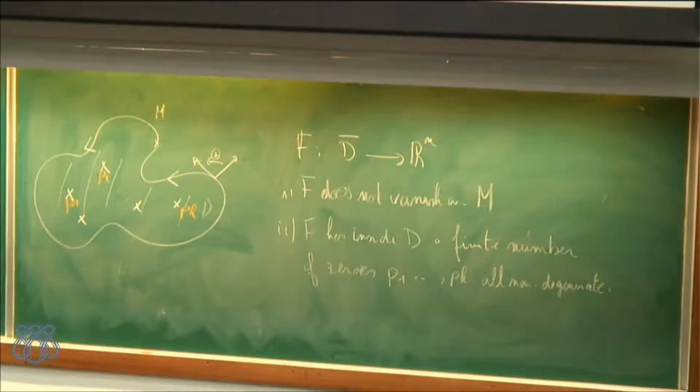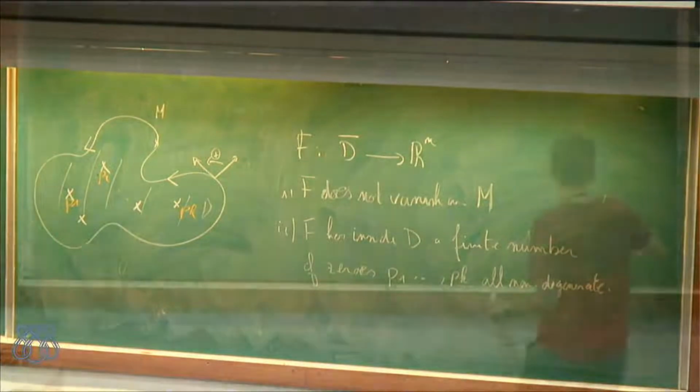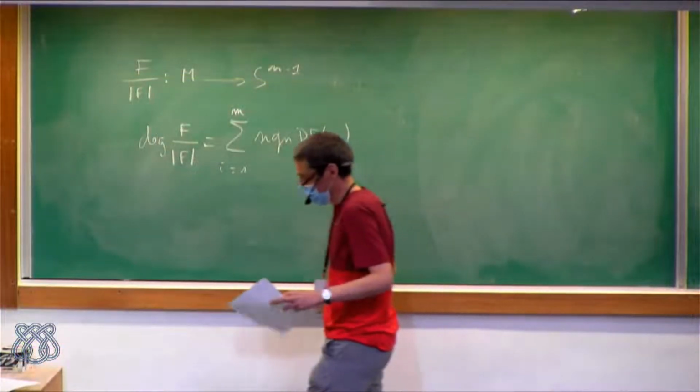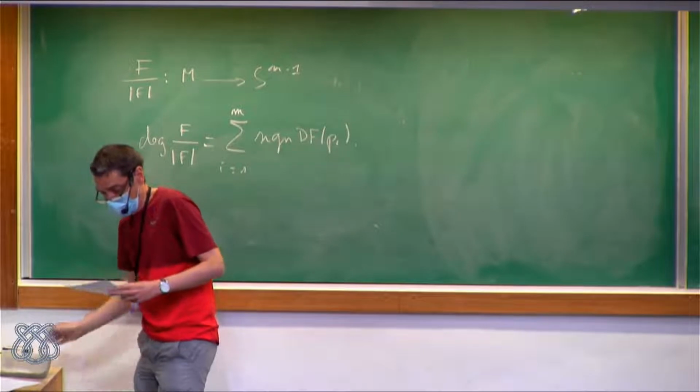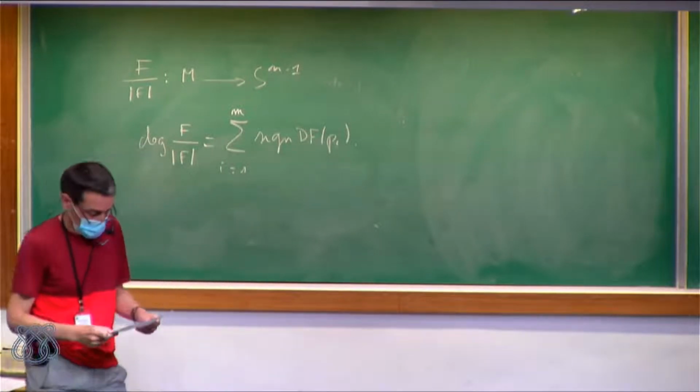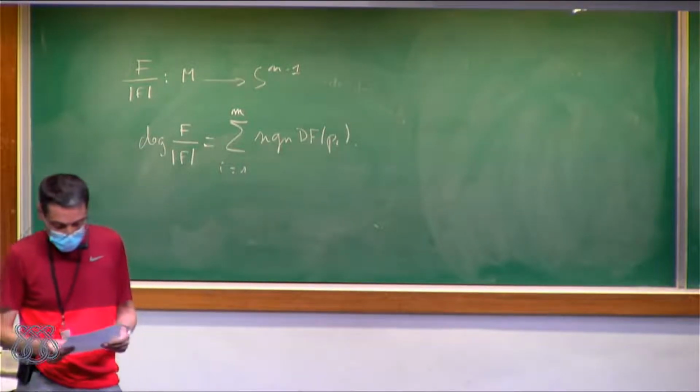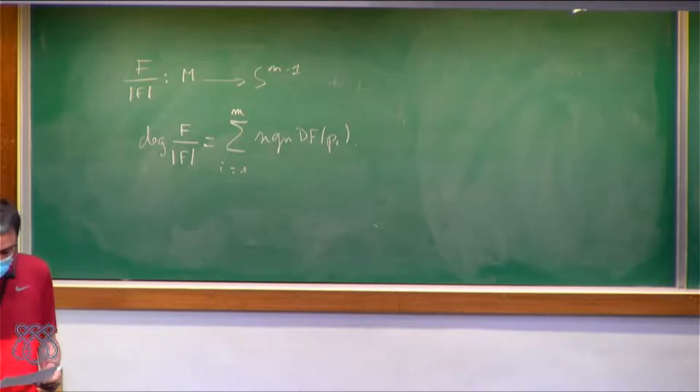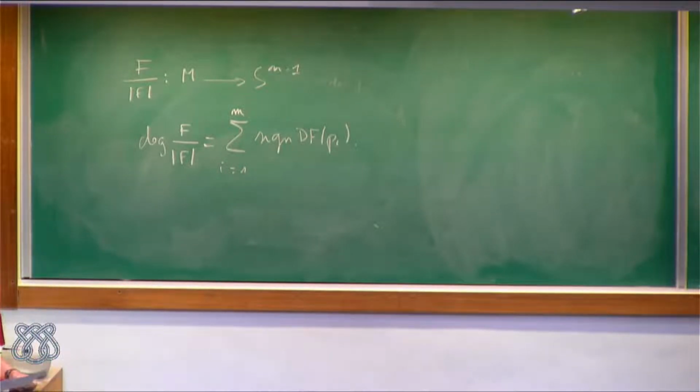So now I will just remind you of the Eisenbud-Levine-Khimshiashvili formula that Dirk presented in one of his lectures. I will just recall the theorem to stress the fact that in some situations we can compute a degree in an algebraic way.